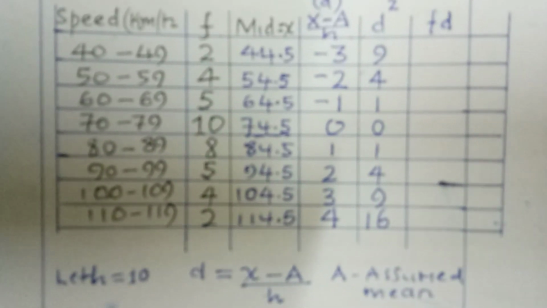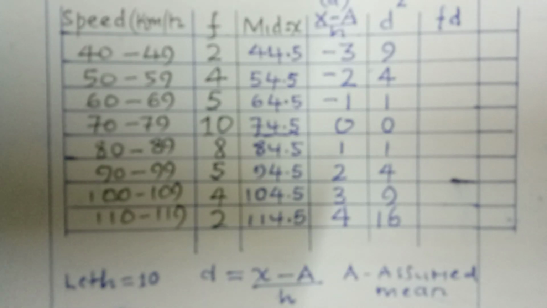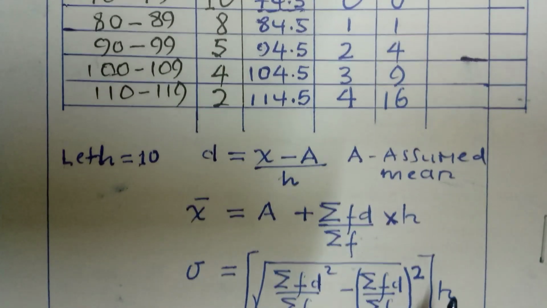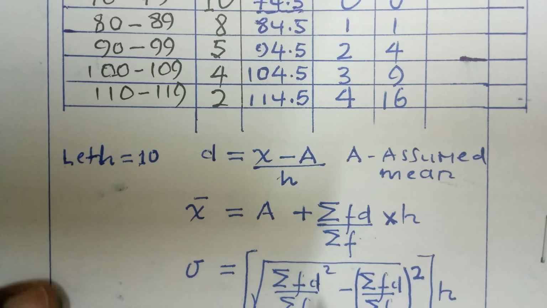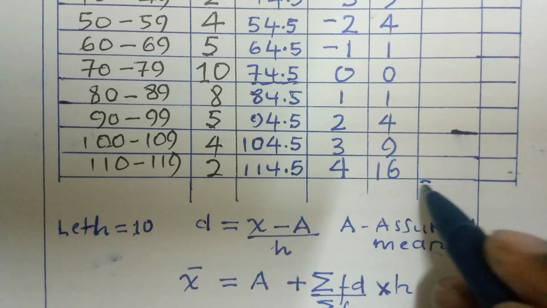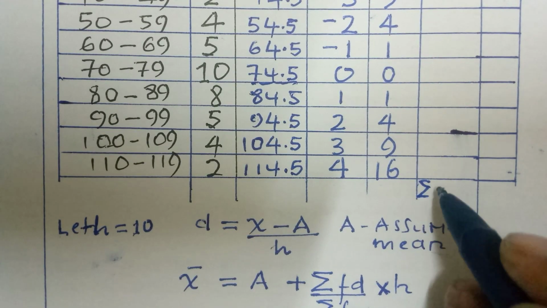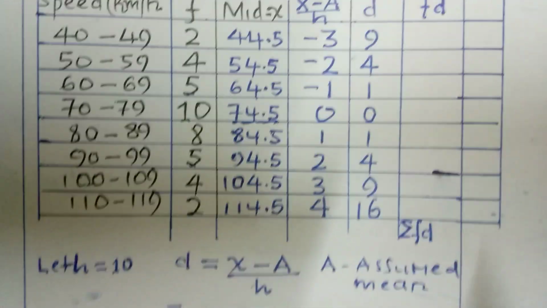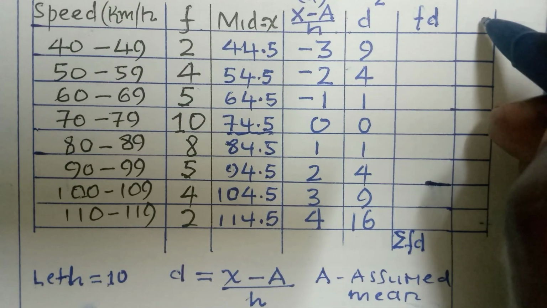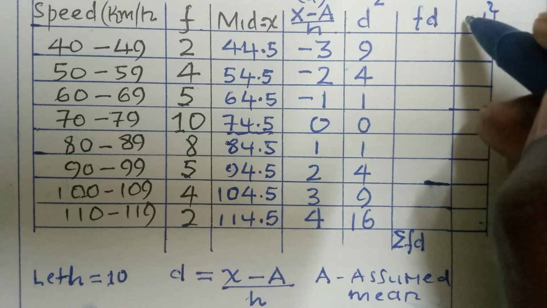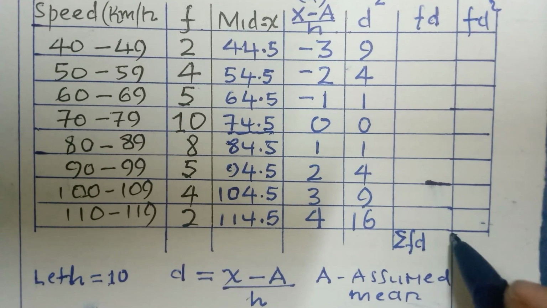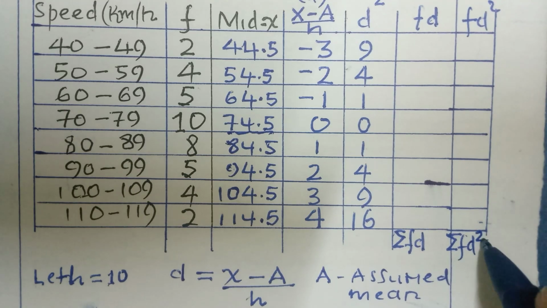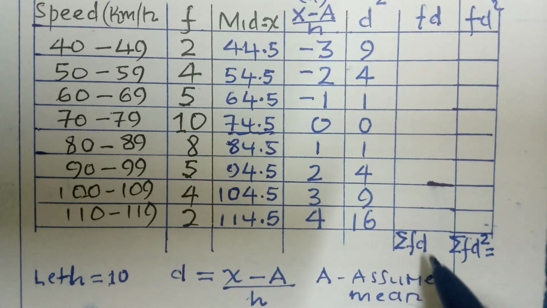Because remember, for the summation written here, this one will come at this very point. So here is where you are going to have summation of fd. And then we are also saying here we need d squared f, and the summation of fd squared is going to be there.